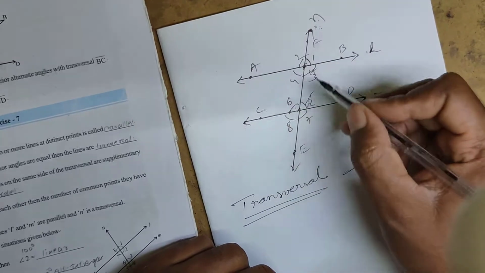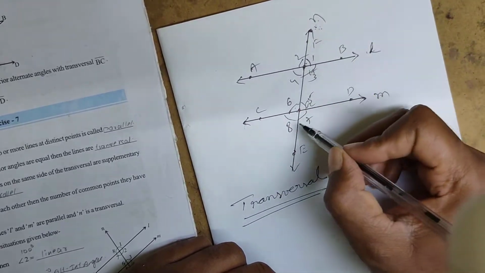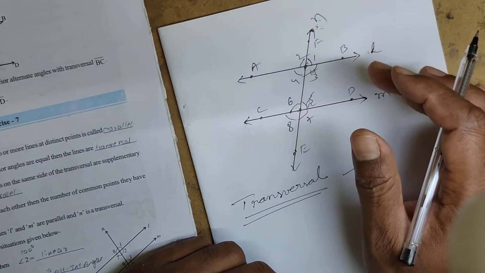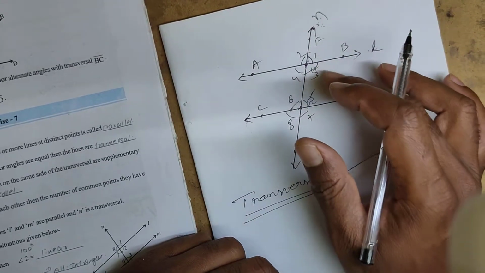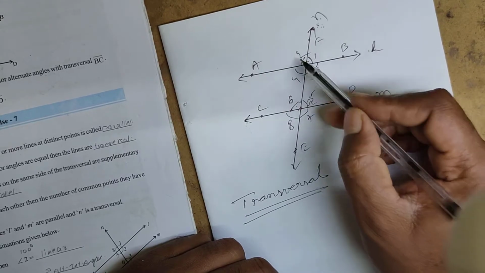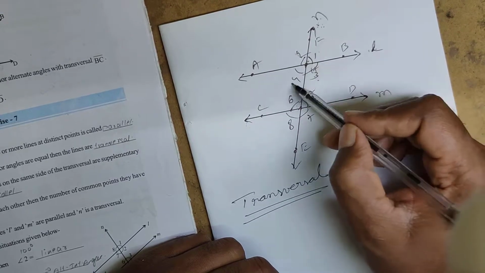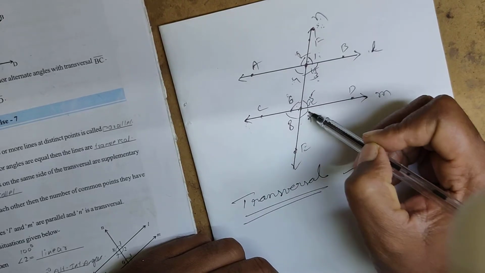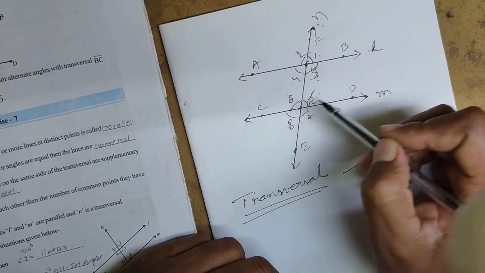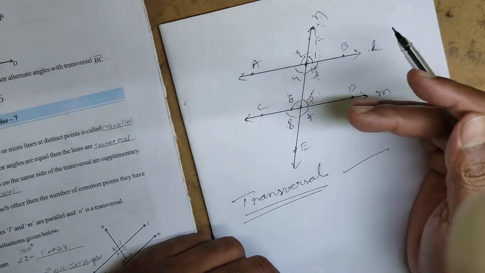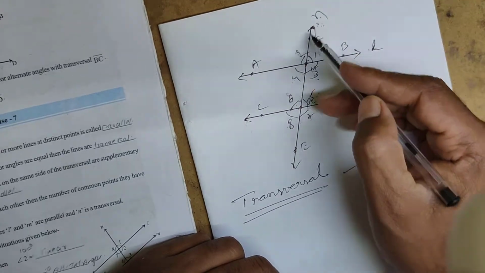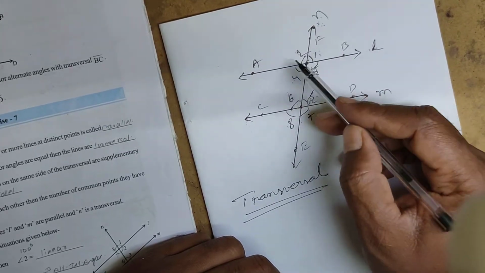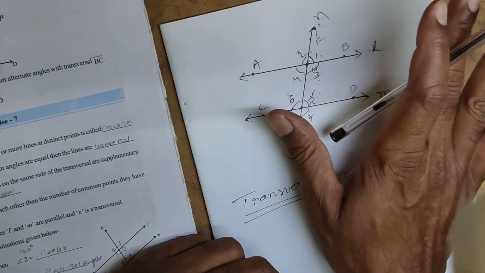Total 8 angles are formed with a transversal. Here 2 and 3 are vertically opposite angles, as we already came to know. 1 and 4 are vertically opposite angles, 6 and 7 are vertically opposite angles, and 5 and 8 are vertically opposite angles. Vertically opposite angles are always equal, because when one line is intersected by another, 4 angles are formed, and 2 pairs of vertically opposite angles will be formed.